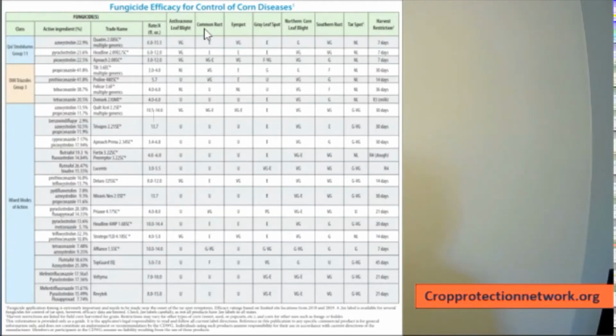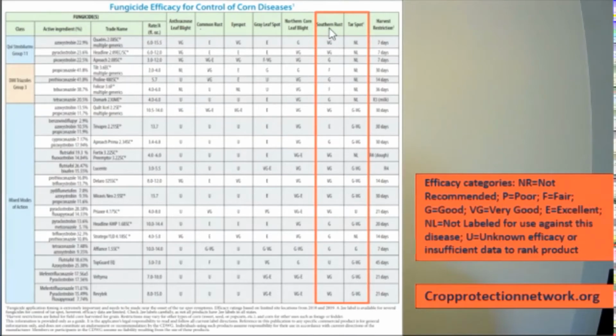And the rate, and then across the top, we have the different diseases that were assessed, as well as the harvest restriction. And I know it's really hard for you to read, but I'm going to highlight here quick southern rust and tar spot, the two diseases that I've discussed today.